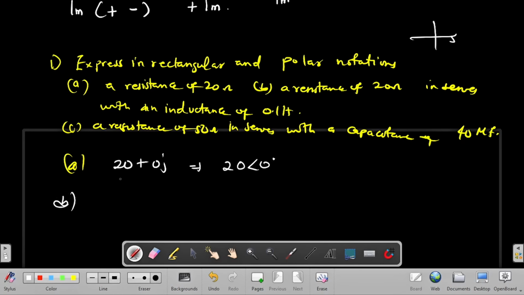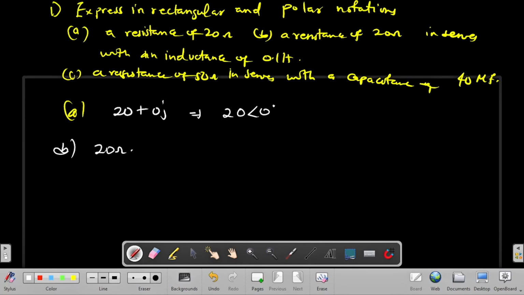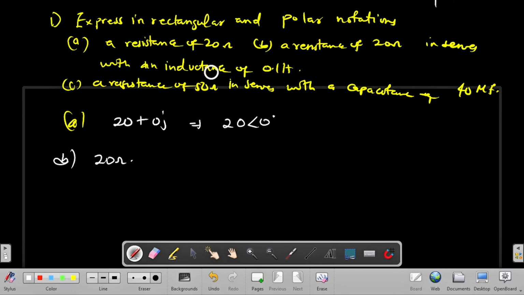Let's check for B. We have a resistance of 20 ohms in series with an inductance of 0.1 henry. In impedance representation, don't be tempted to write the inductance. You have to find the inductive reactance. So what is the inductive reactance? XL is 2 pi fL.